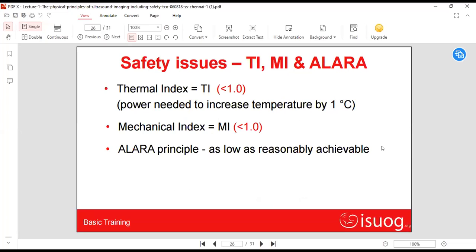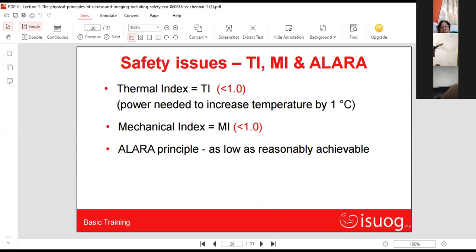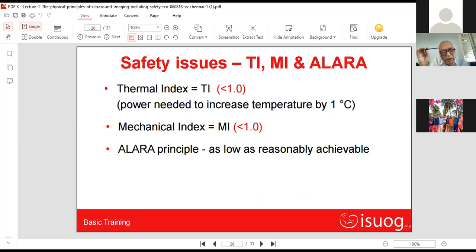And again, as I said, these are the warnings which are given on the display itself. And this principle of ALARA, as low as reasonably achievable, we are following. The thermal index has to be below 1 and the mechanical index has to be below 1. This is a ratio between how much power is needed to increase temperature by 1 degree and how much we have really used the machine.